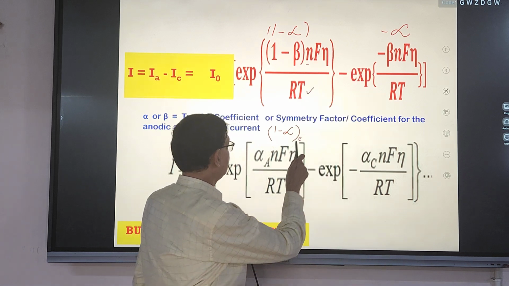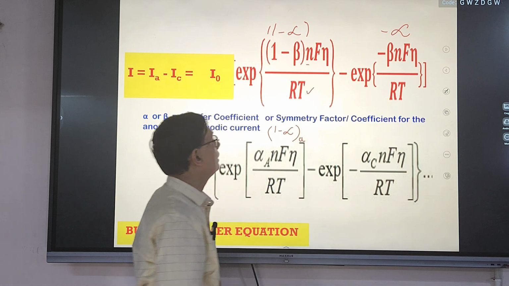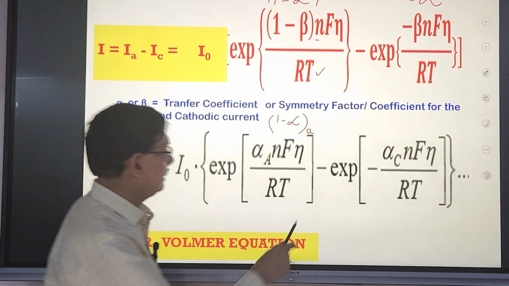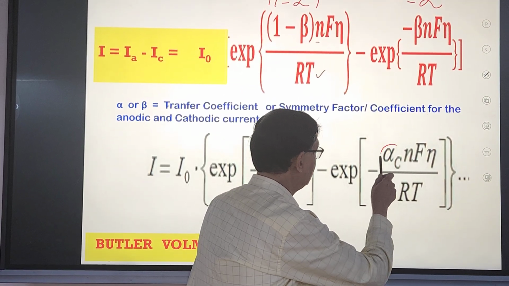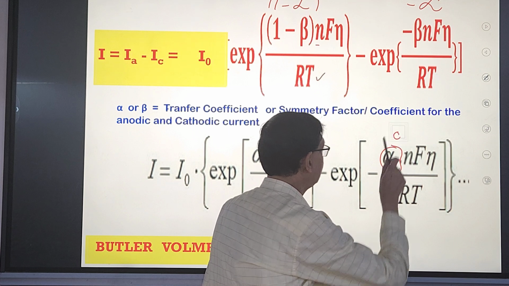They have given here A, one for the anodic part, and this alpha can be indicated with the cathodic part.